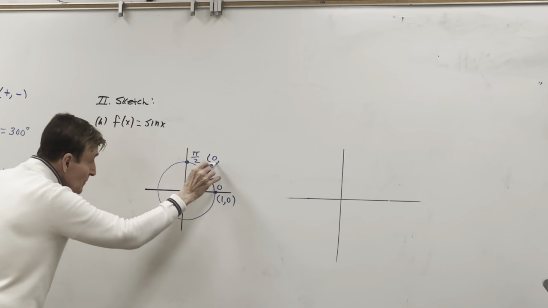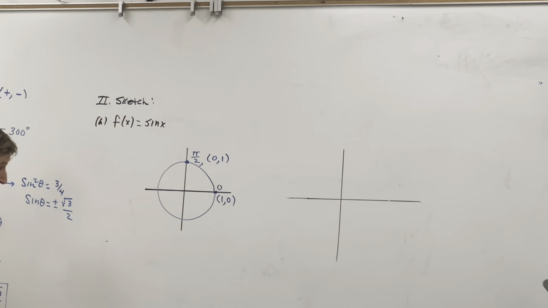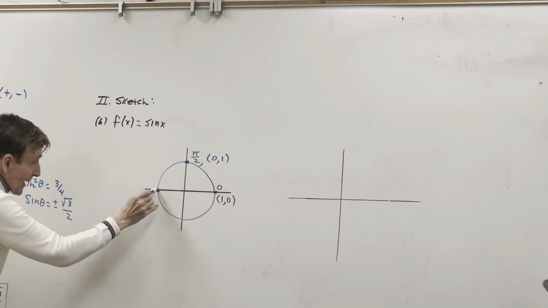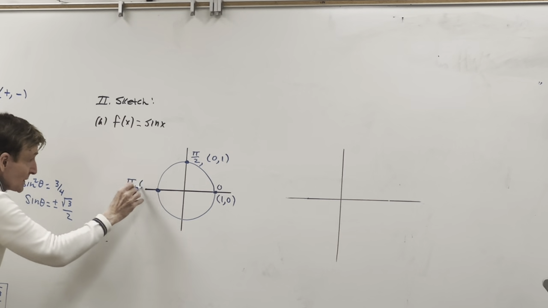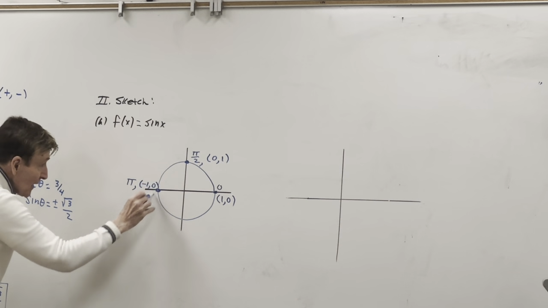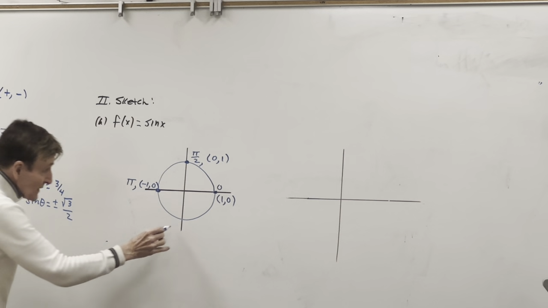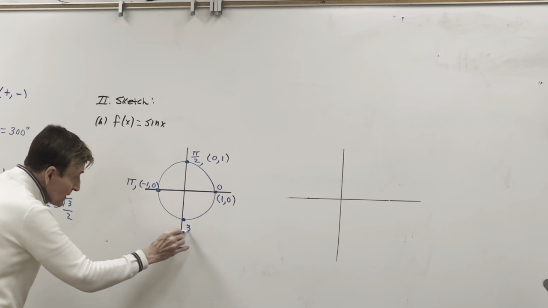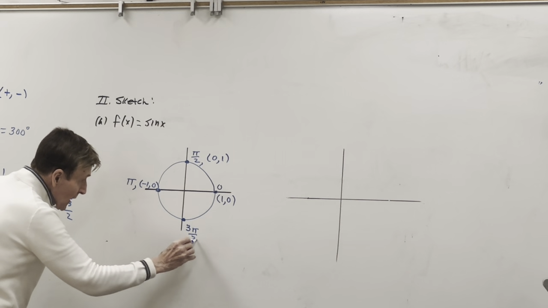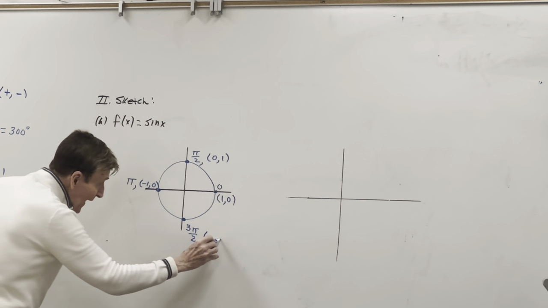Ordered pair, 0, 1. This one was pi, 180 degrees, and had coordinates of those. This down here, of course, was 3 pi over 2, 270 degrees, and the ordered pair was that.